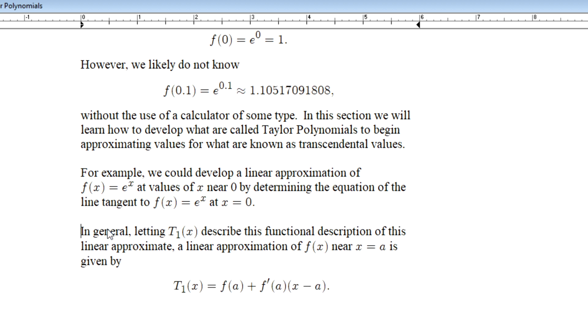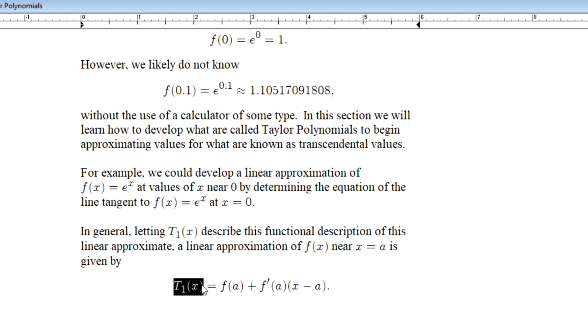In general, that linear approximation of our function is given by a function we are going to denote t sub 1 of x, which describes the linear approximation of f of x near x equal to a.